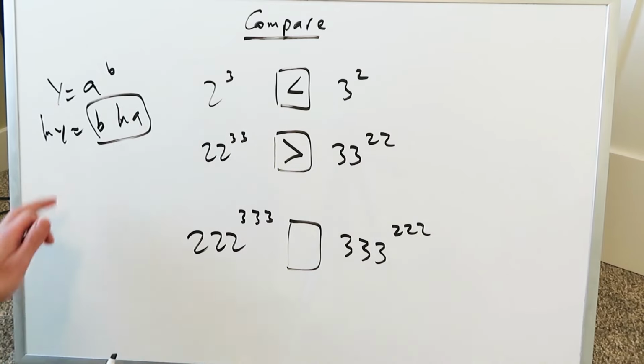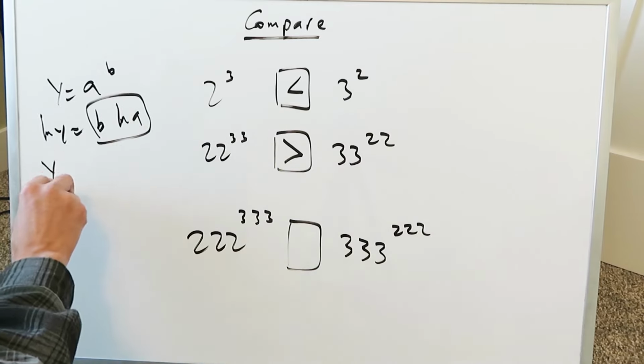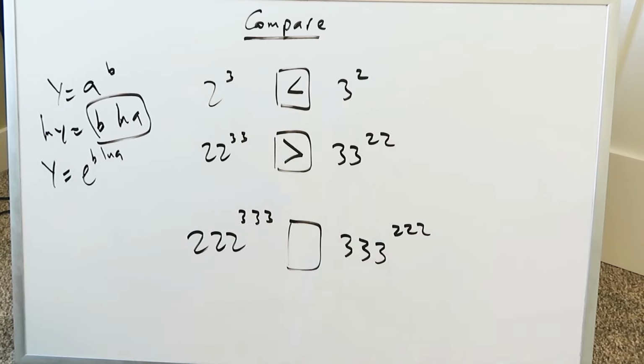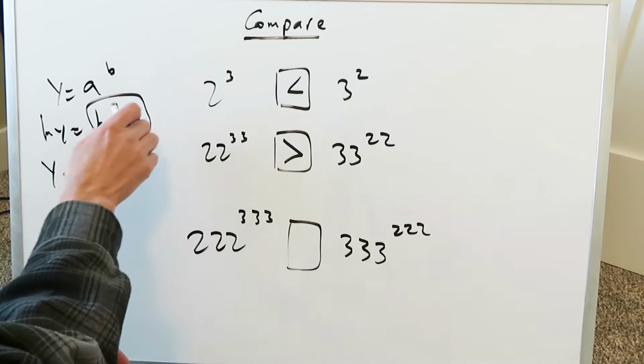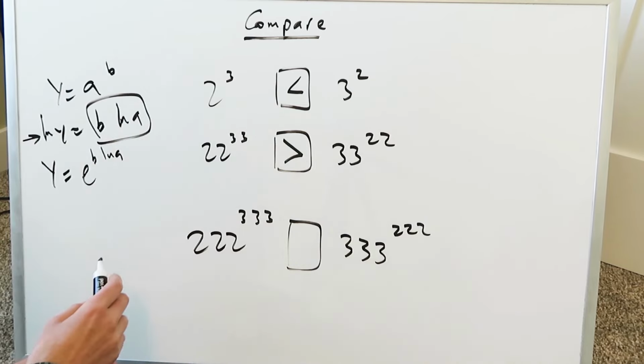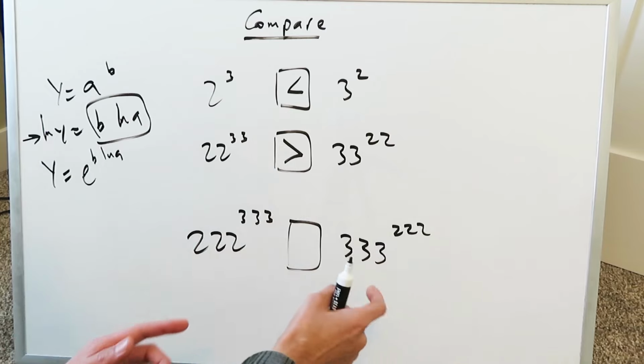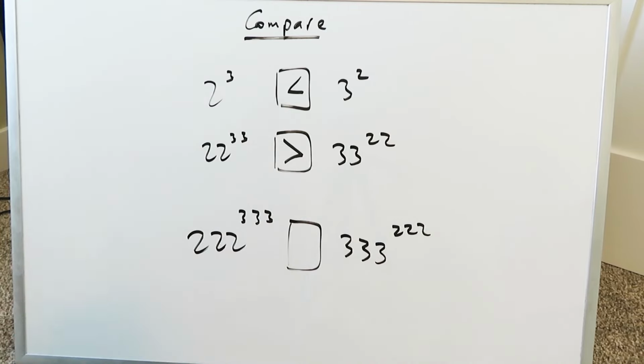It doesn't matter what you have here. You could even solve for y and say y is equal to e exponent b ln a, but you don't need to. You do this step for both items, and then compare b natural log a with the b natural log a of the other side. That natural log technique is the one I would certainly recommend.